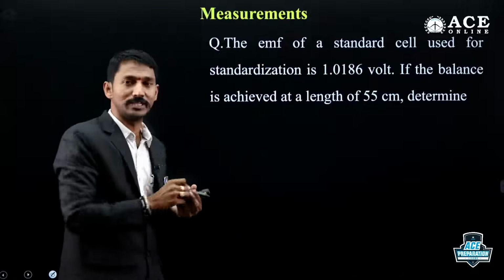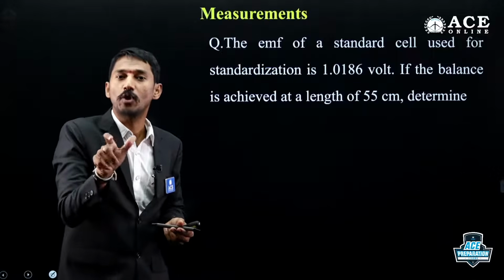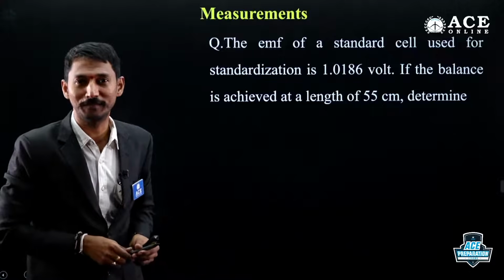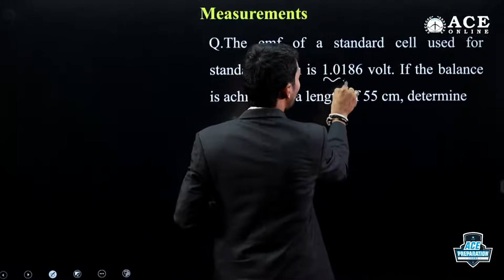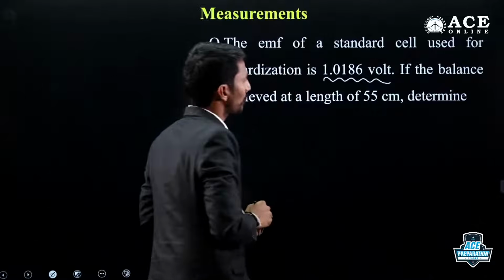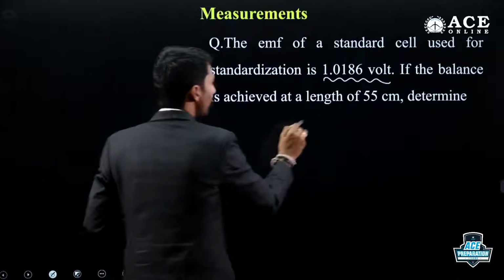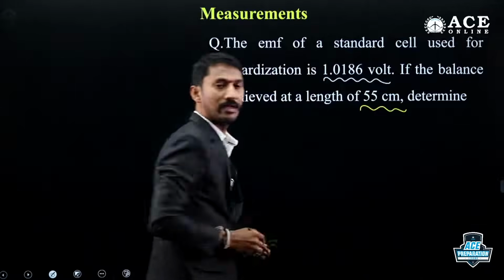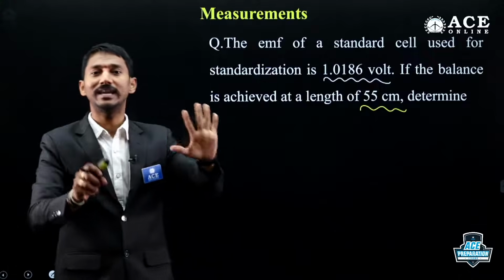If you solve this question, all varieties of questions will be solved. All varieties of problems will be done in the potentiometer. Right now, standardization voltage is how much? 1.0186 volt. If the balance is achieved at a length of 55 centimeter, what does it mean? For 55 centimeter, this is the voltage he has given.